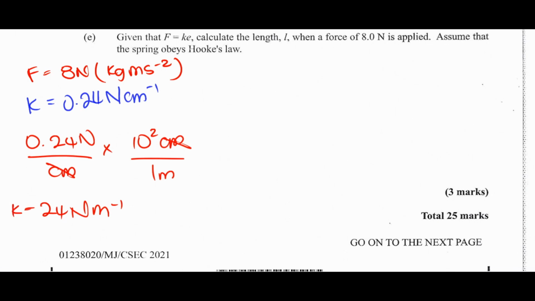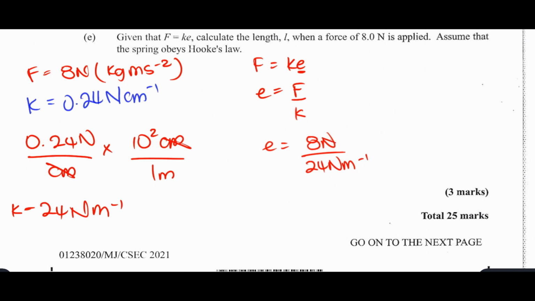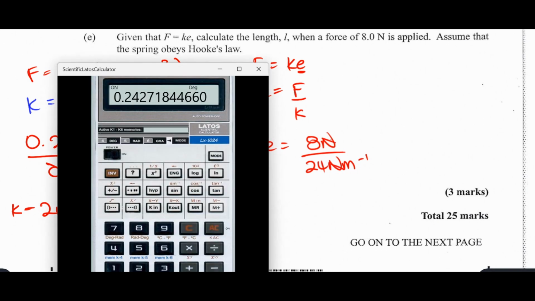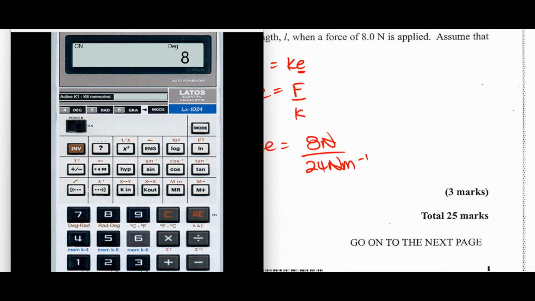So basically, if we have F is equal to KE and we're looking for E at this point, and remember we plotted extension, then we're going to have E being equal to F over K. So now E would be equal to 8 newtons divided by 24 newton per meter, which this would cancel this. 8 divided by 24, you'd want to put in your calculator, is equal to 0.333 recurring, so 8 over 24 is 1/3, which makes sense.